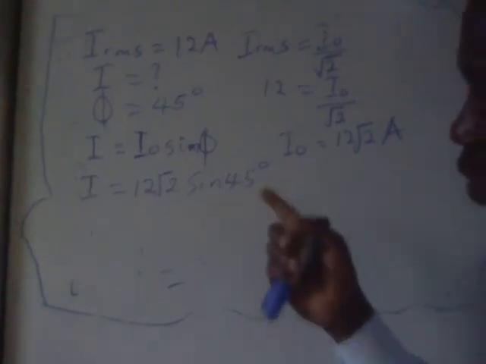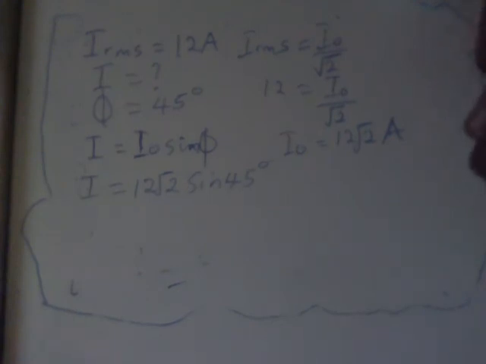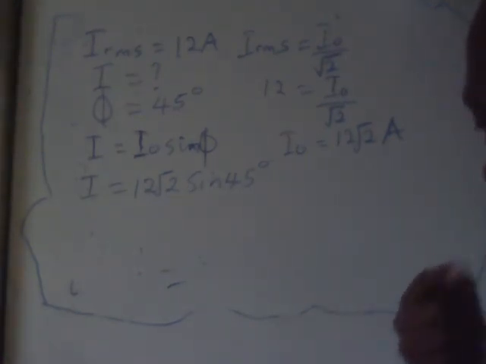Sine 45 is 0.7071, multiplied by root 2, 1.4142, then multiplied by 12.